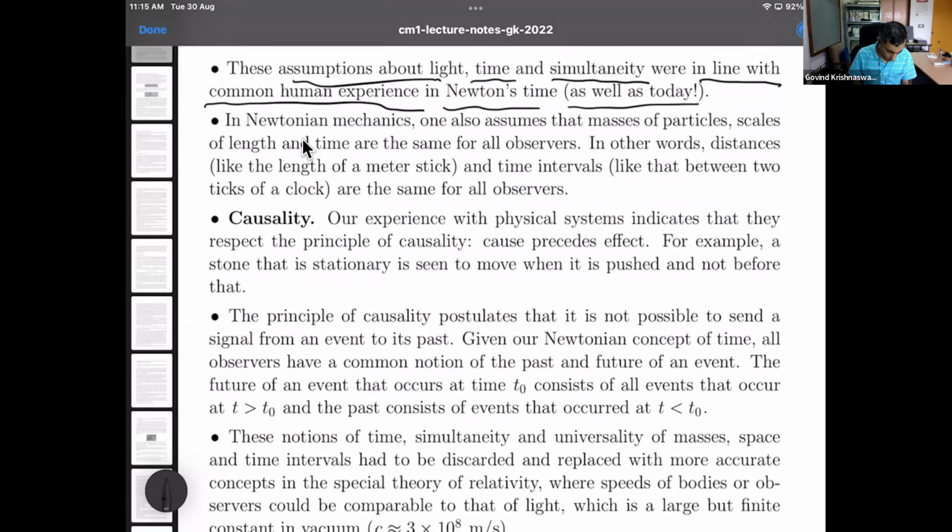Now, in Newtonian mechanics, one also makes some more assumptions. One assumes that the masses of particles, and I'll say a lot more about what the mass of a particle is, but I have in mind that the mass of a particle is some number we assign to a particle that has something to do with its inertia.